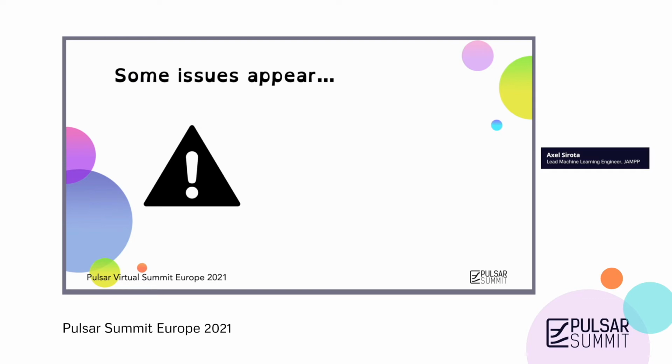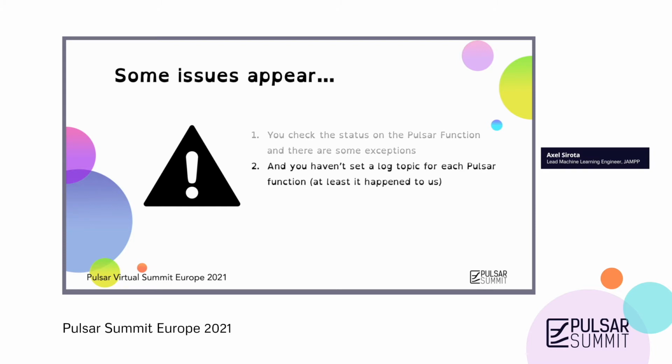Now, you deploy all this, it's in production maybe for a week, and some issues start to appear. You check the status of the Pulsar function as we can with the Pulsar admin CLI, and there are some exceptions. But you haven't set a log topic for each Pulsar function. It may be that we don't have only one, we have many chained Pulsar functions.